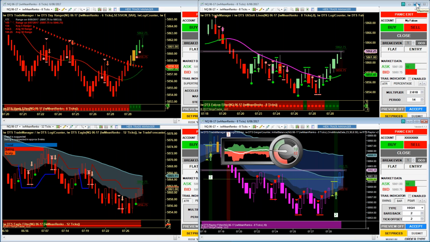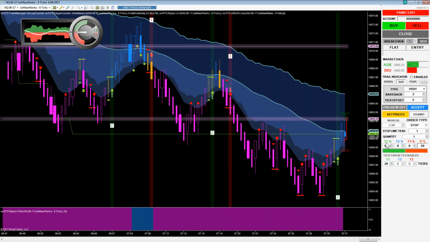But I do think we're going to see a little bit of a pullback through here. There's going to be some profit taking. Oh, we just got another counter trend signal and another chance at a second push entry.